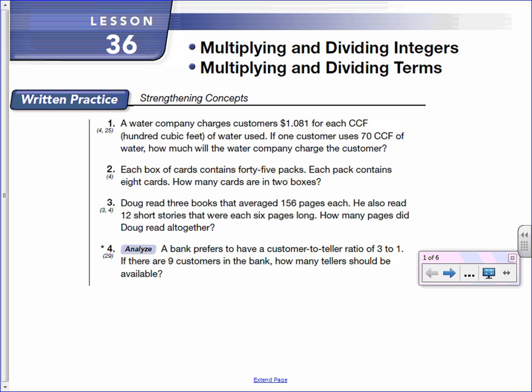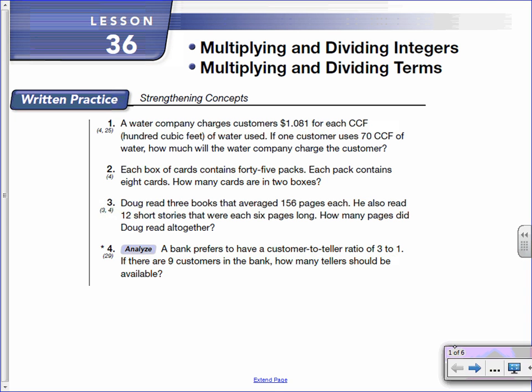A water company charges $1.081 for each 100 cubic feet of water used. If one customer uses 70 CCF of water, how much will the water company charge the customer?